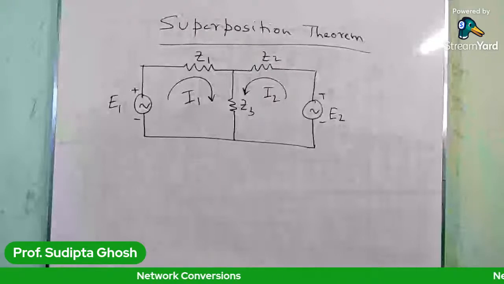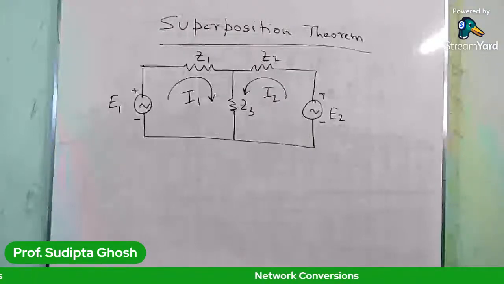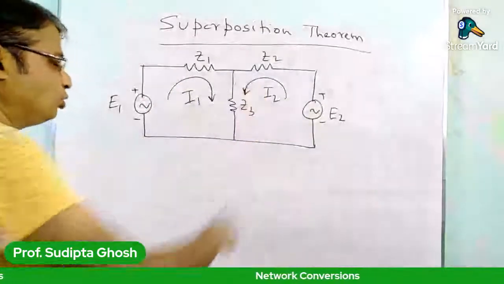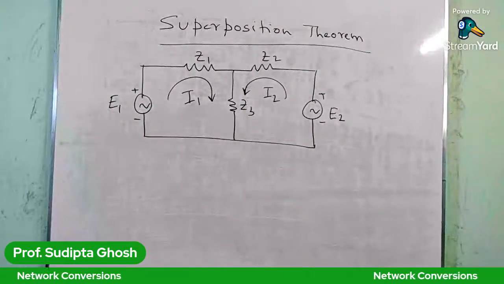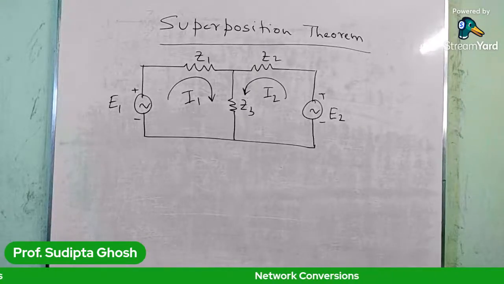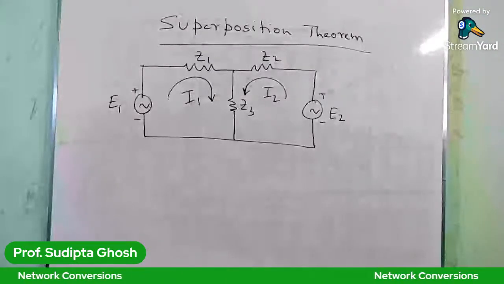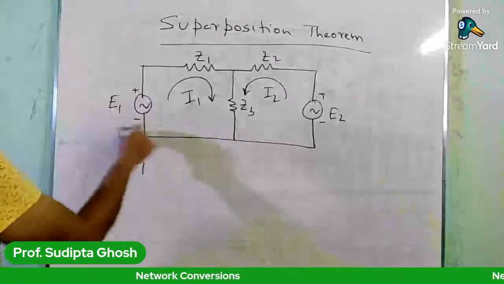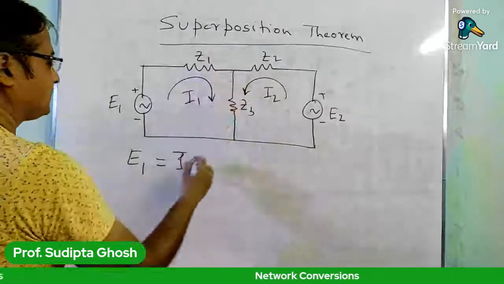Now let's write the mesh equations, as we know how to write them. If this is our mesh 1 and this is mesh 2, the first equation is E1 equals I1 into Z1 plus I1 into Z3.